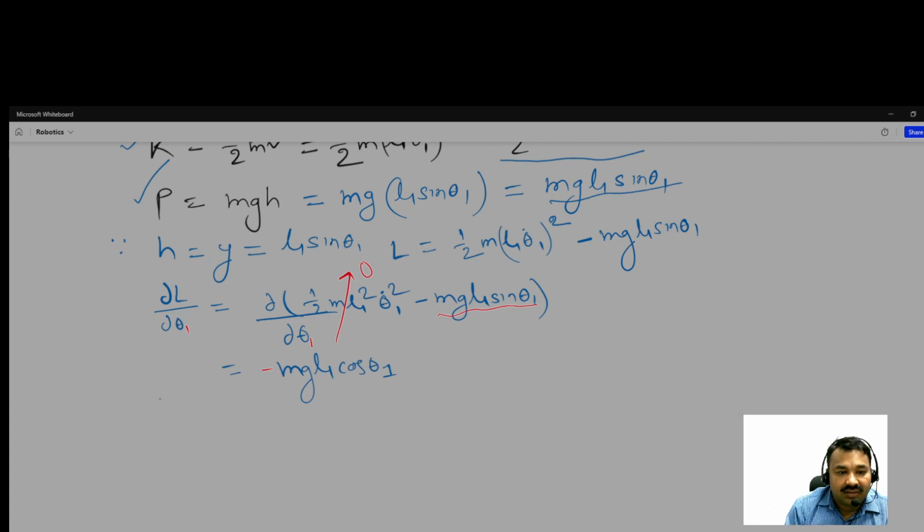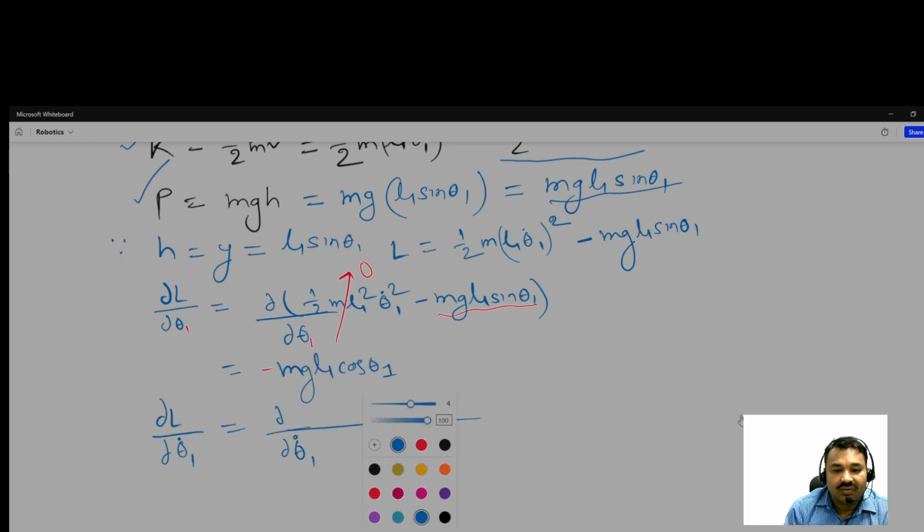And now the partial differentiation with respect to theta 1 dot. Writing the equation again, in bracket: 1 by 2 m L1 square theta 1 dot square minus mg L1 sine theta 1.